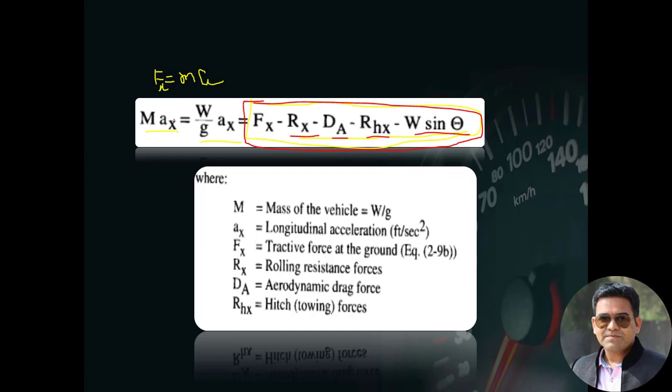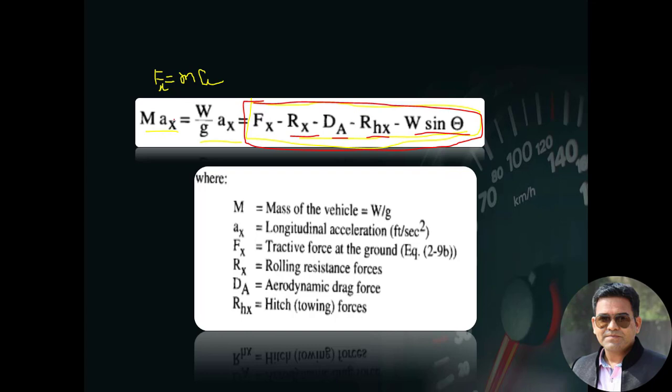I am again emphasizing this statement: whatever power is produced by the engine, that power in terms of torque is reduced by the rotational inertia of the subsequent mechanical systems.